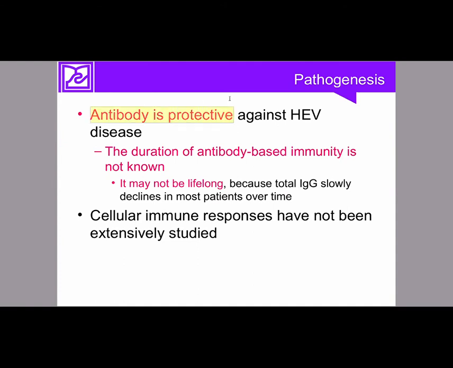Antibodies are also protective, the same as hepatitis A. However, we don't have a vaccine against hepatitis E. When we suffer hepatitis E, we produce antibodies, and these antibodies are protective, but we don't know for how long. We don't know, because we know that the IgG slowly disappears, okay? So we don't know how long we are protected.